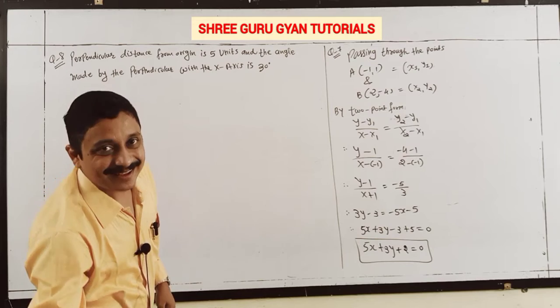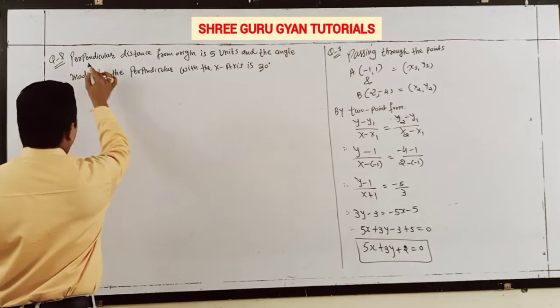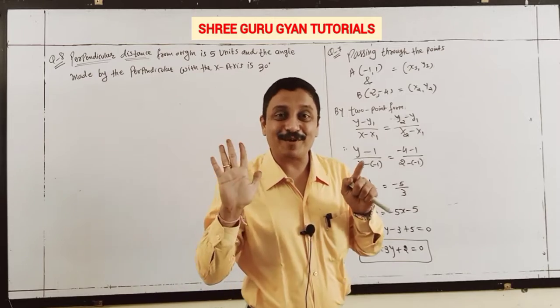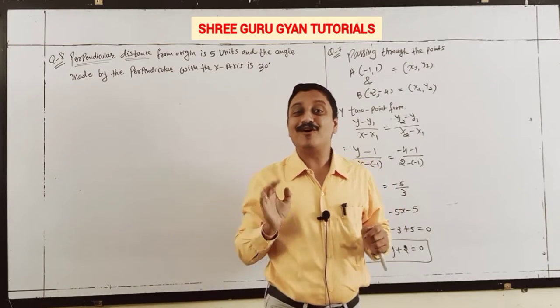So very easy. Here we have a perpendicular distance, which means which property? Yes, our sixth property, the normal form.